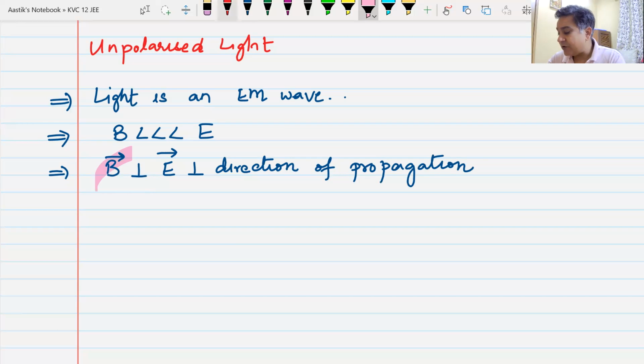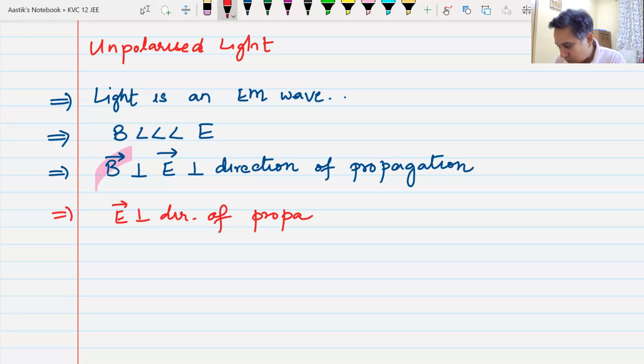So what we wish to say here is this electric field is perpendicular to the direction of propagation. Now if I imagine that the light wave is propagating along x-axis, I will show you with the help of a diagram that might make you understand it better. I hope everyone has written this.